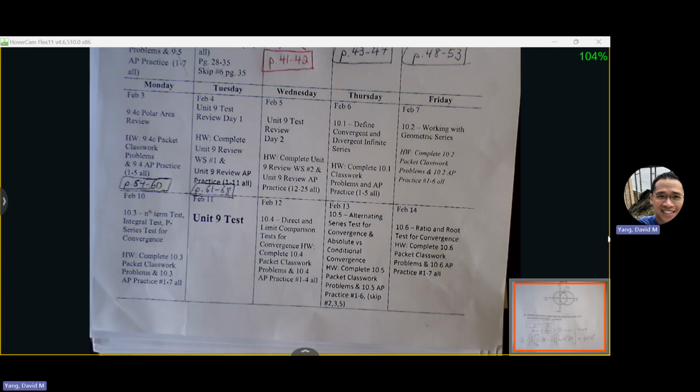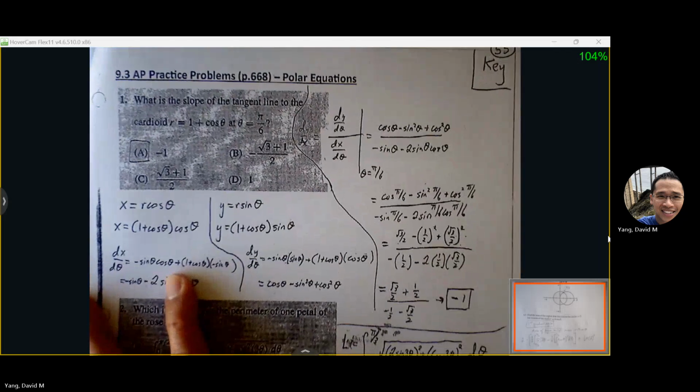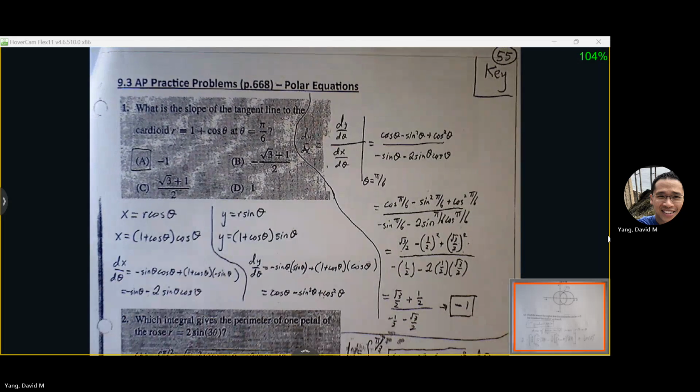Okay, spend about 5 minutes and see if we can do a little bit of the practice problems, starting on page 55. The slope of the tangent line of a polar curve is similar to what we do with parametric.